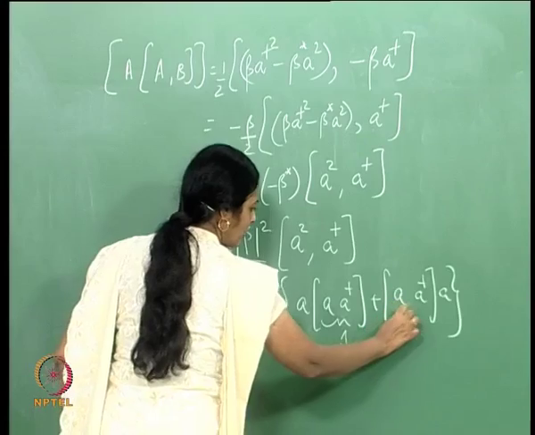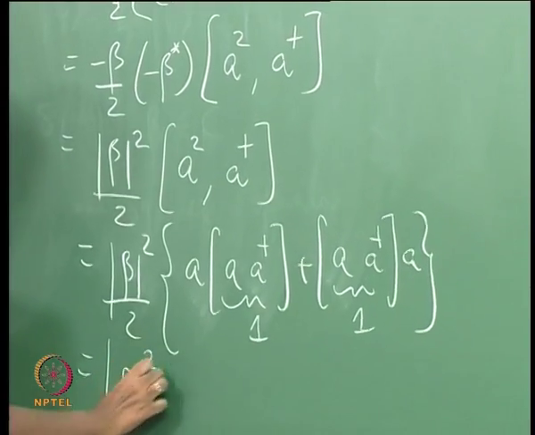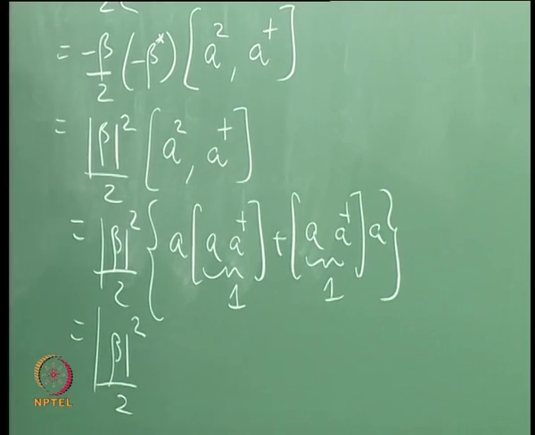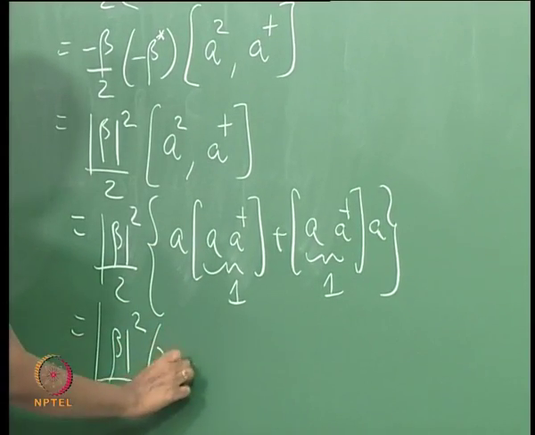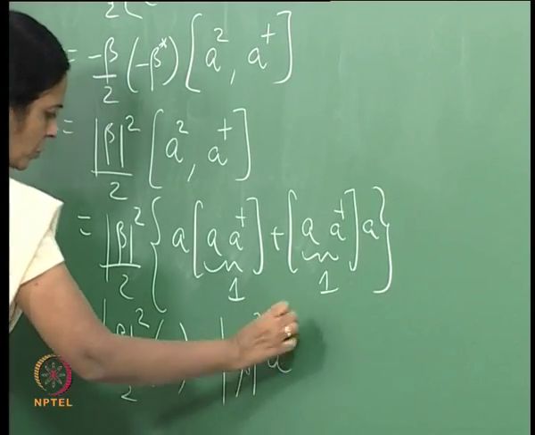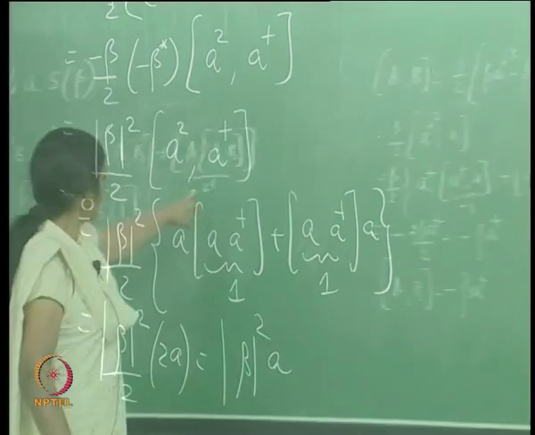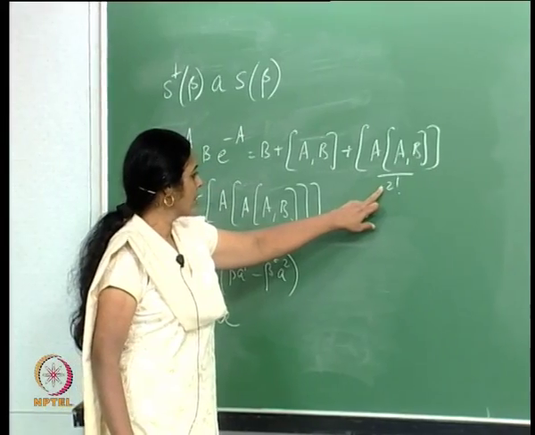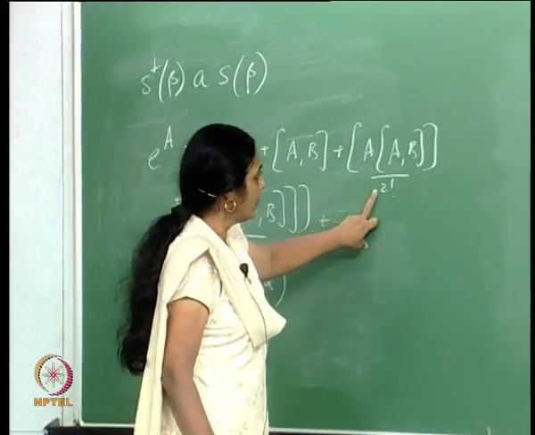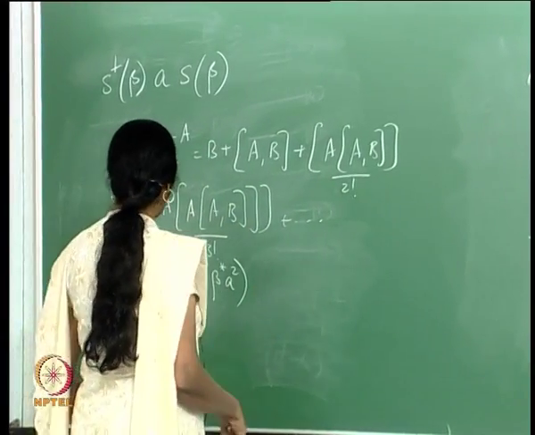The commutator of A with A dagger is plus 1, and therefore this gives me mod beta squared by 2 times 2A, which is mod beta squared A. Of course, I need to take into account the fact that there is a 1 by 2 factorial multiplying that term, which I can put down.